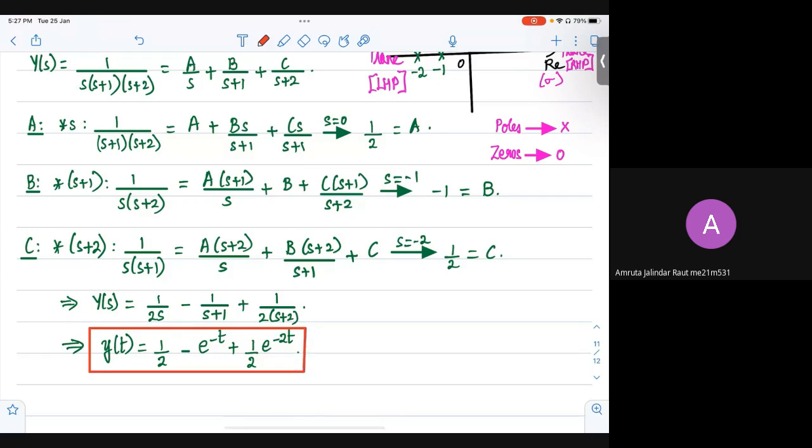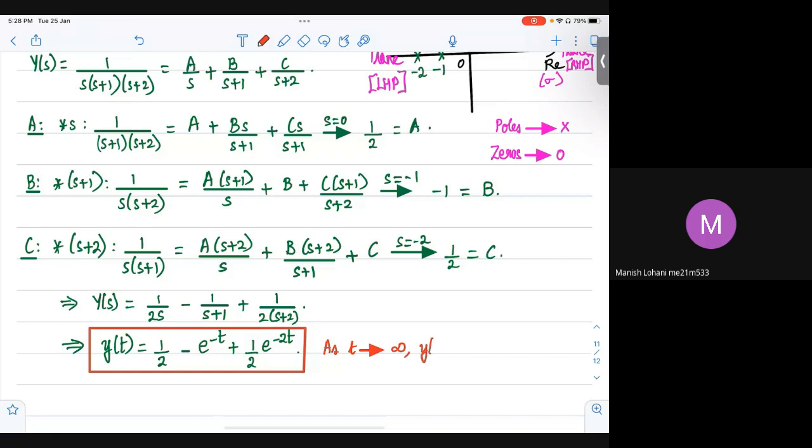So we can immediately observe from here what happens as t tends to infinity, that is, as time keeps on increasing. What do you think happens to the value of y of t? If you substitute t equals infinity, what do you get? 1 by 2.